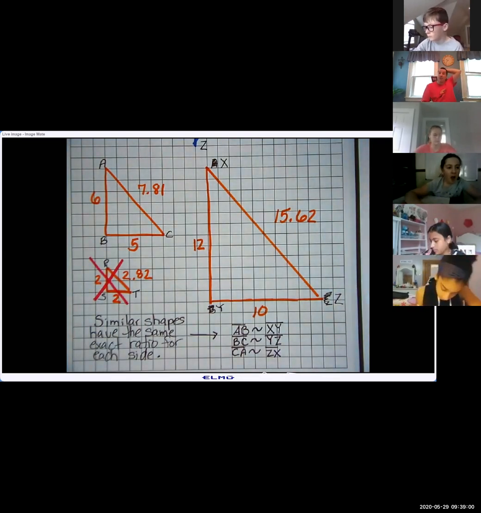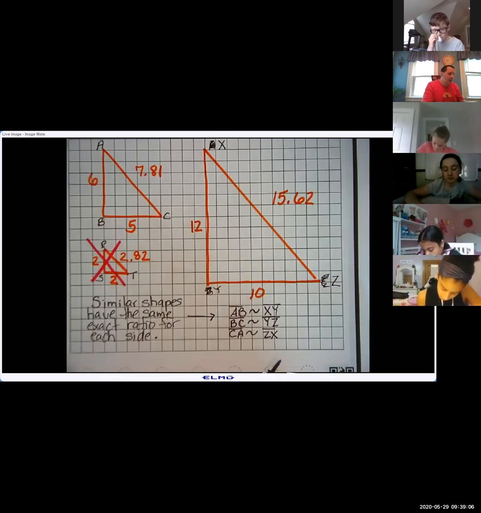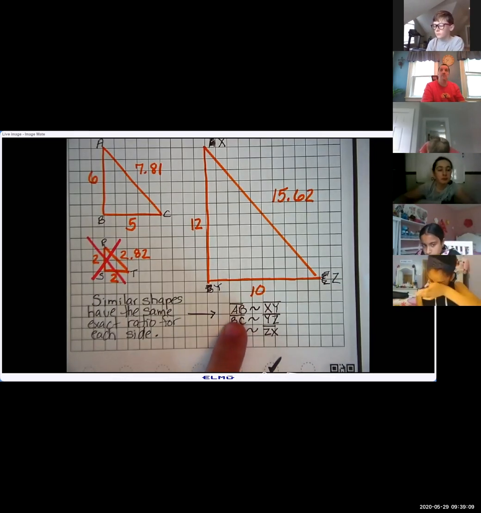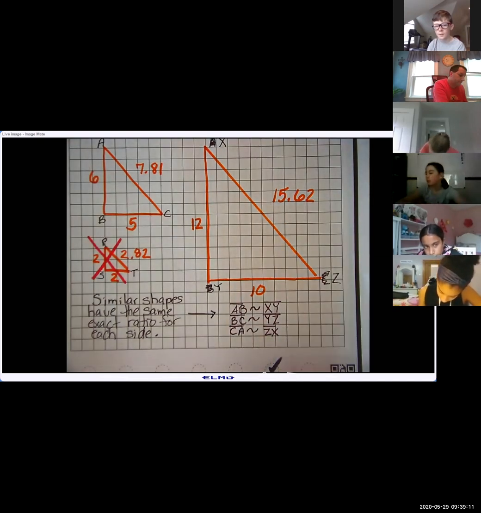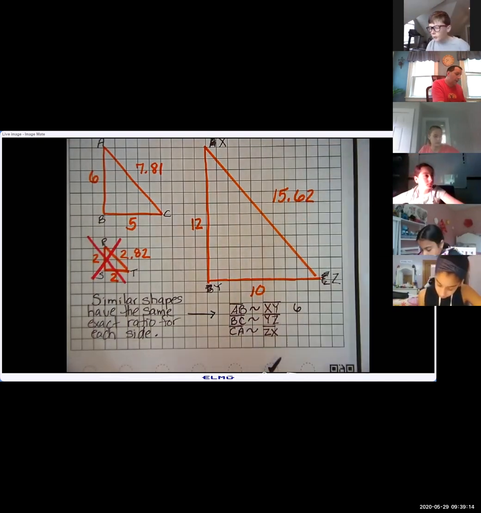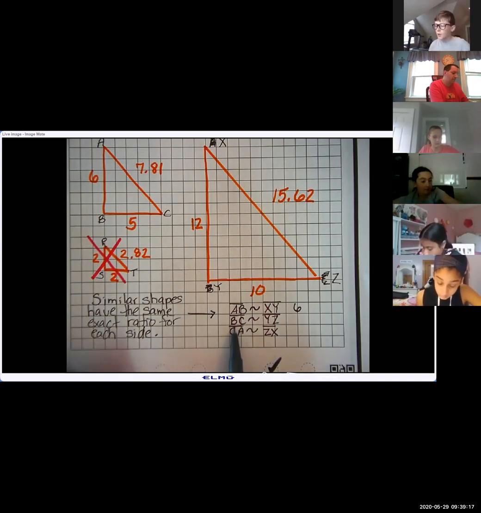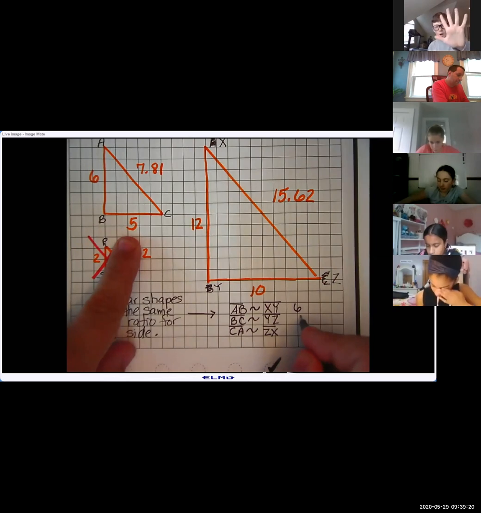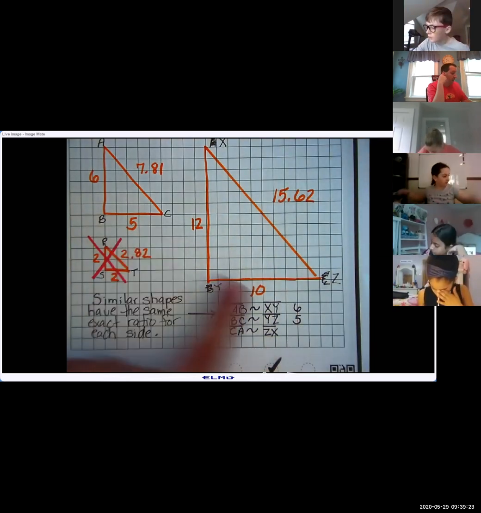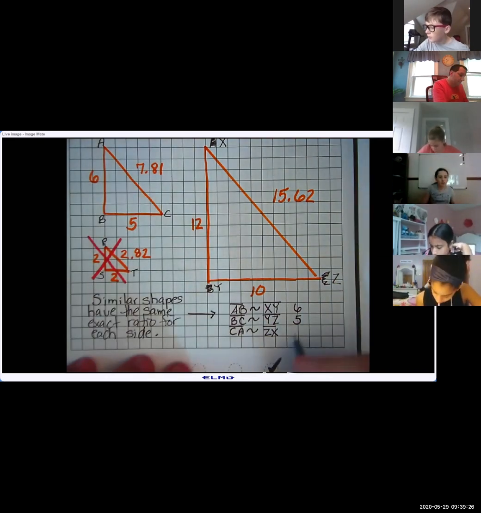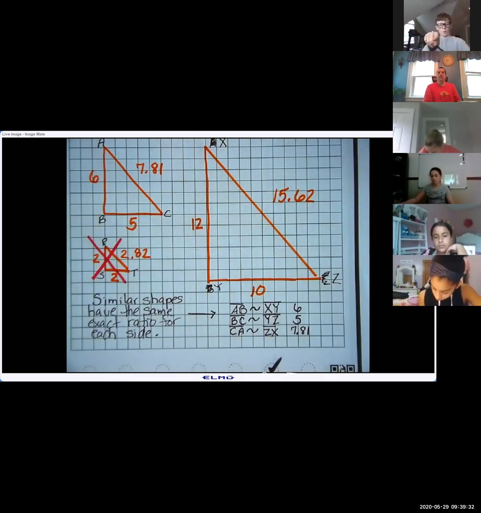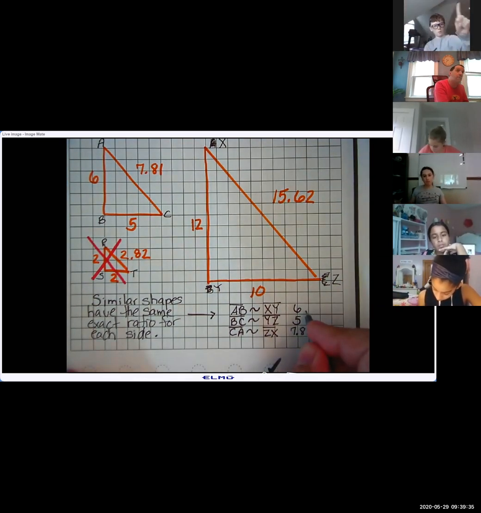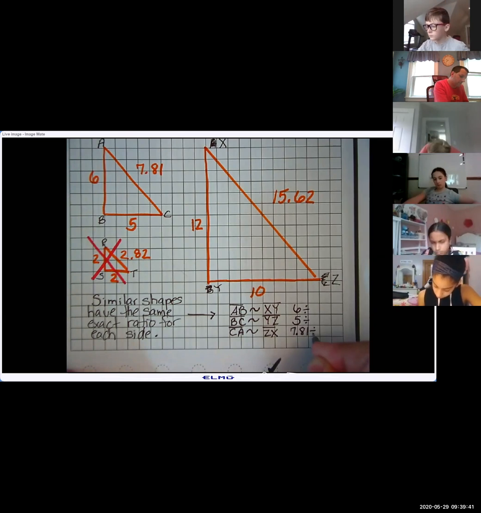Now let's compare them. Mathematically, we're going to compare those. How long is AB? 6. 6 squares. How long is BC? 5. How long is CA? 5.